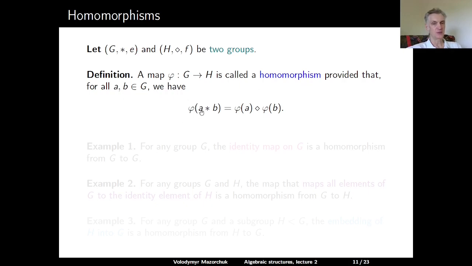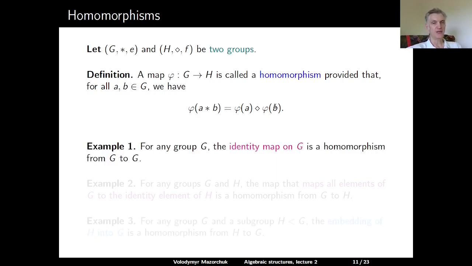Phi applied to A star B is equal to phi of A diamond phi of B. So in other words, phi maps operation star in the group G to the operation diamond in the group H.